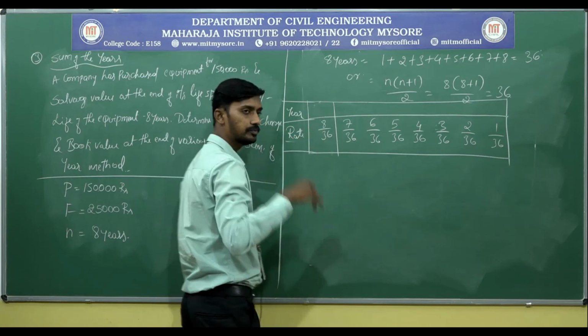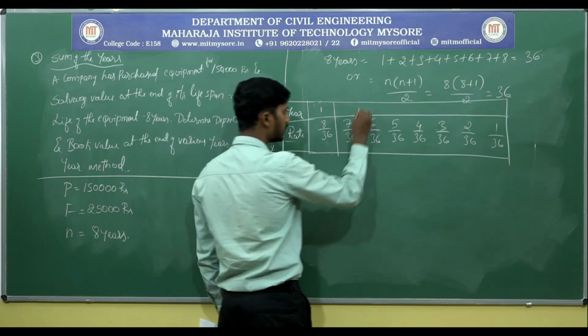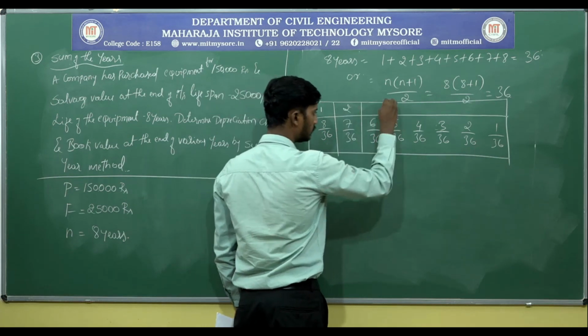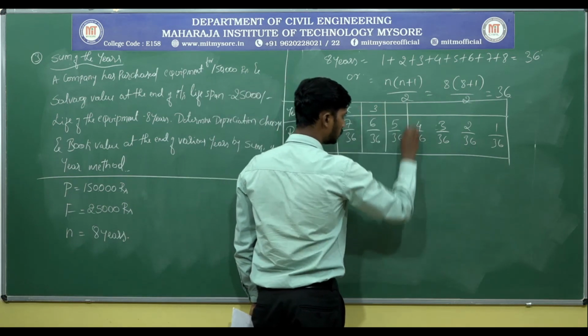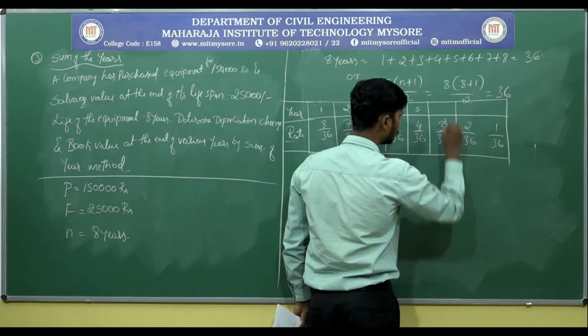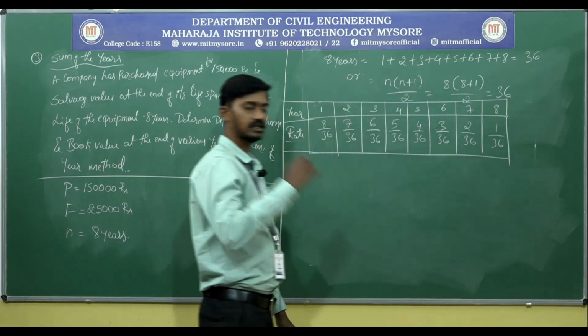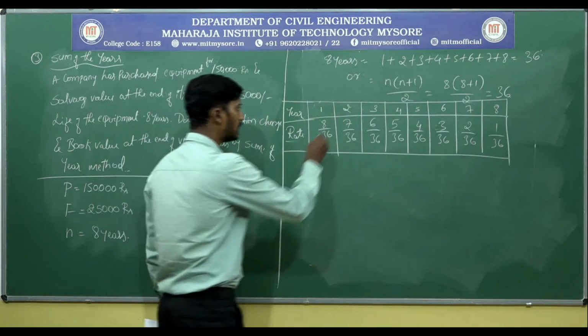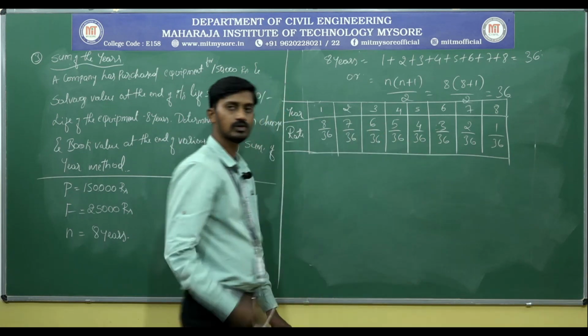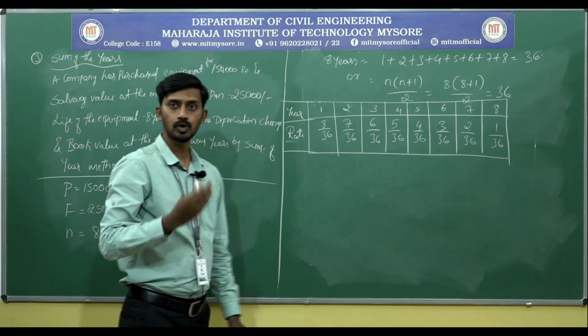What is the rate of depreciation? So for the first year, this is the rate of depreciation. This is the second year, third year, fourth, fifth, sixth, seventh and eighth. As the years pass, the depreciation value reduces, but in the initial years the rate will be more.